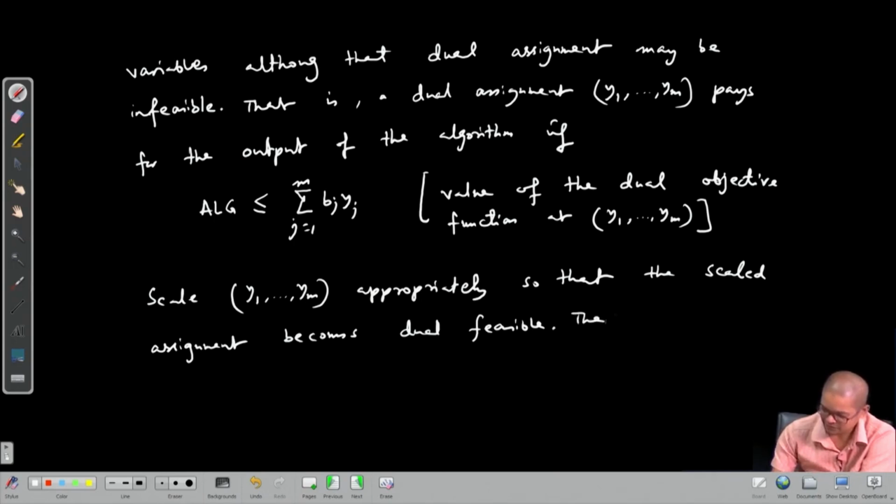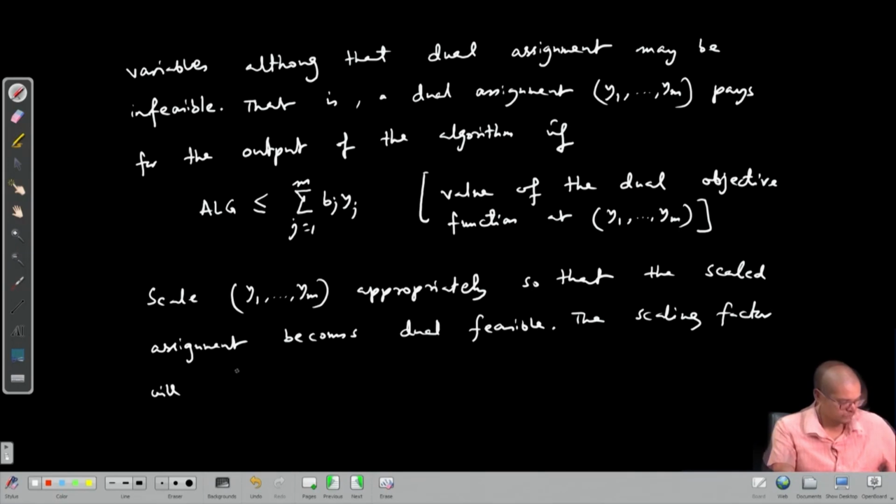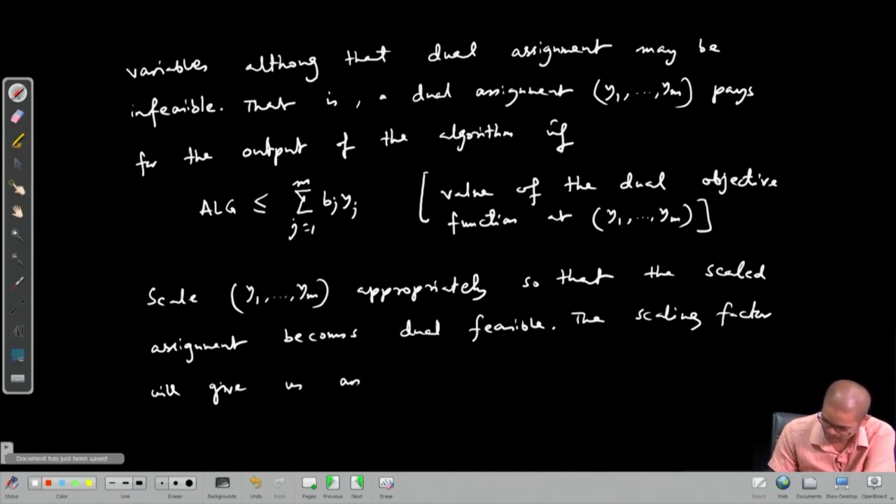This scaling factor will give us an approximation ratio of the algorithm.